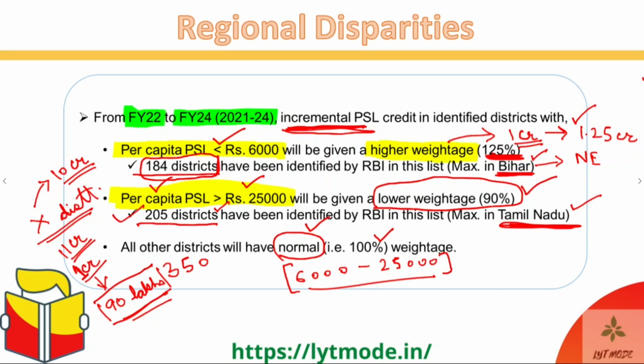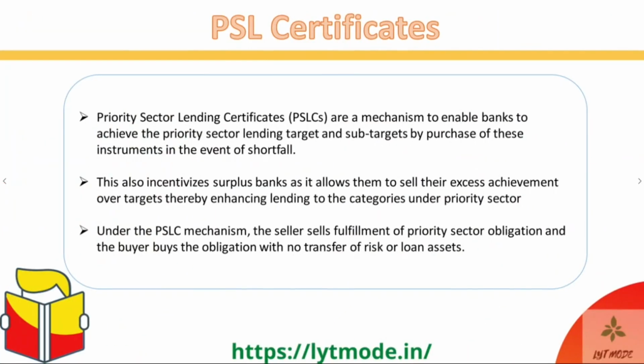Okay, guys, moving ahead. PSL certificates. This is a very small topic. I'll try to finish it off in a minute or two. Nothing big in this. Basically, when a bank starts lending more than the PSL targets for it, it is incentivized with PSL certificates.